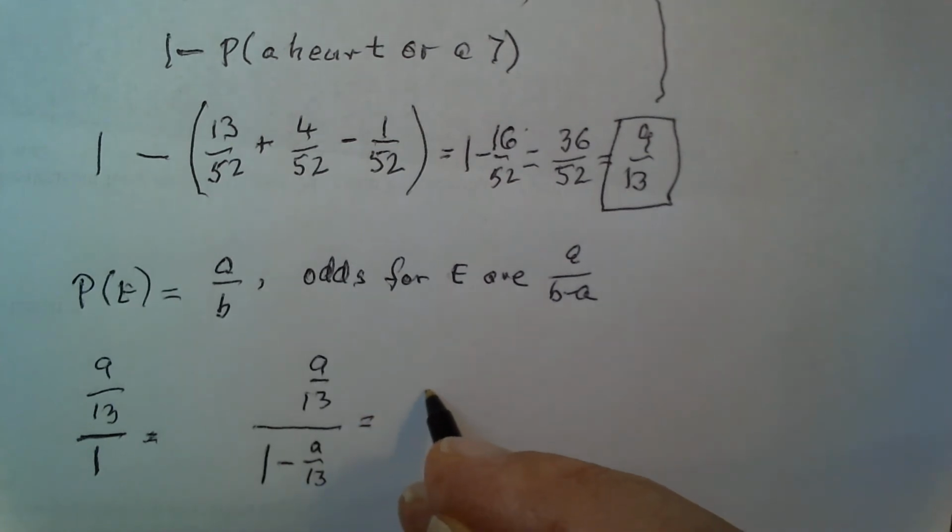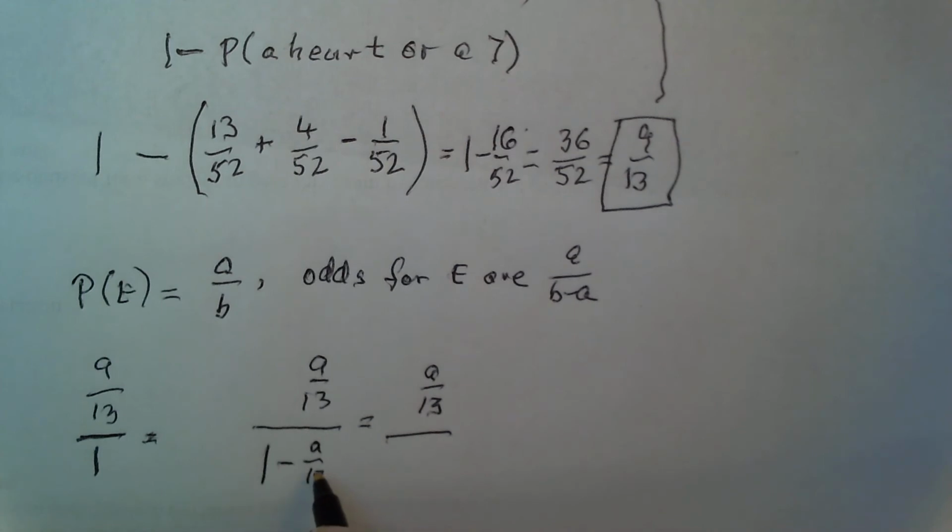So that would be equal to 9 divided by 13 divided by 13 divided by 13 minus 9 divided by 13.